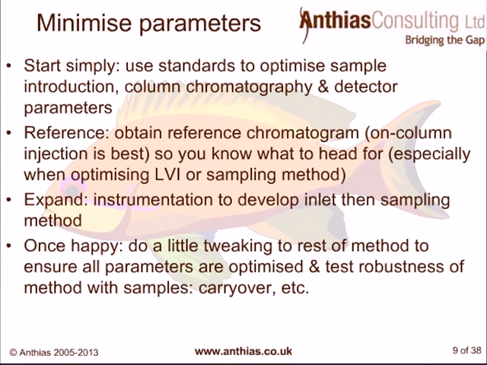Then test the robustness of your method with samples, and check for things like carryover, and for the sensitivity that you actually need. But start simply first of all, so try to obtain standards, because you can then really concentrate on sample introduction, your separation on your GC column, and also the detector, and then worry about real samples and sample preparation later on.